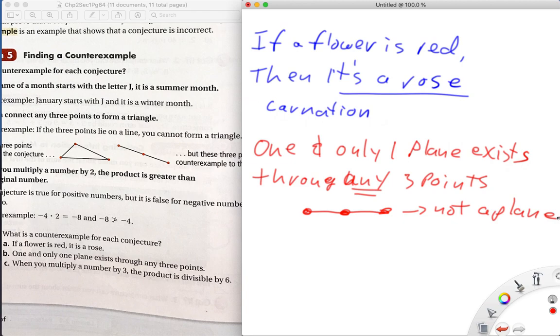Okay. When you multiply a number by 3, the product is divisible by 6.